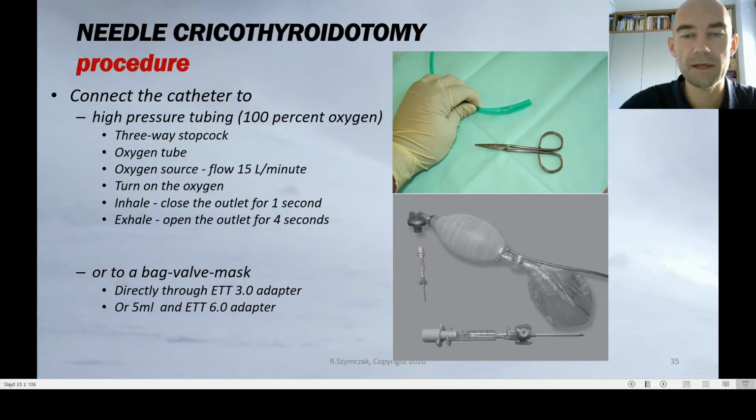So that's one way. The second way to provide oxygen to the lungs through the needle, through the catheter, is to attach the bag to it, but we have to make some kind of adapter.